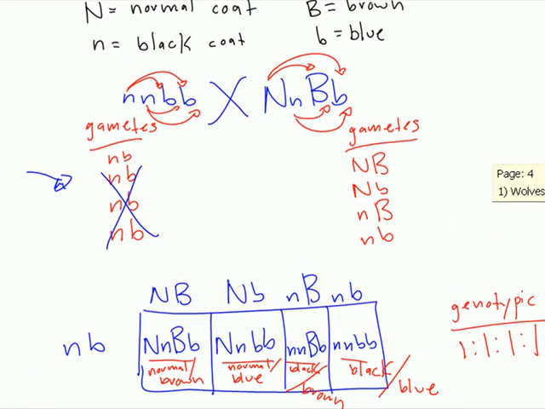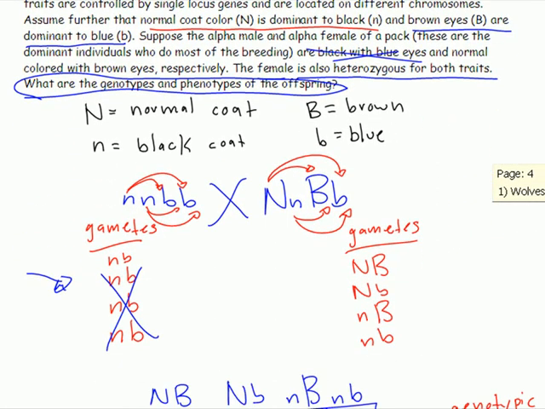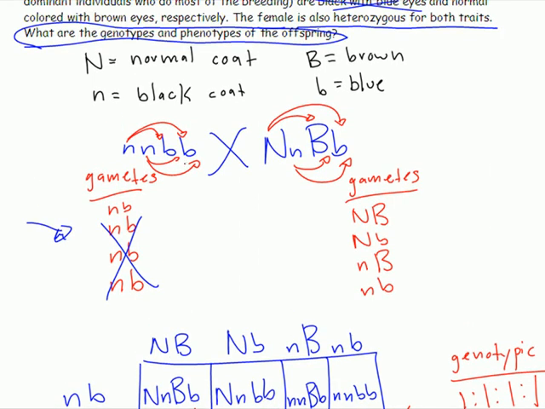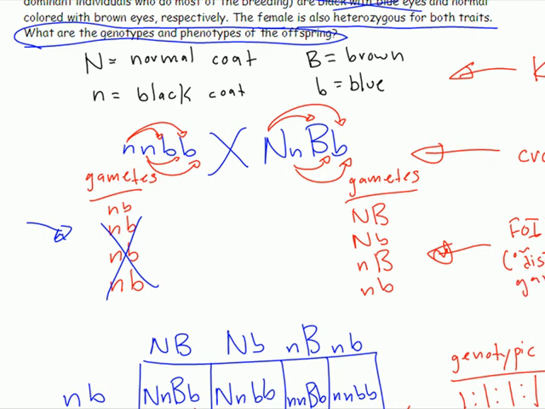I know that was a little bit complicated for you guys, but in case you get confused, you can always come back and follow how we did it. We wrote the key, we wrote the cross, we foiled or distributed to get the gametes, right?